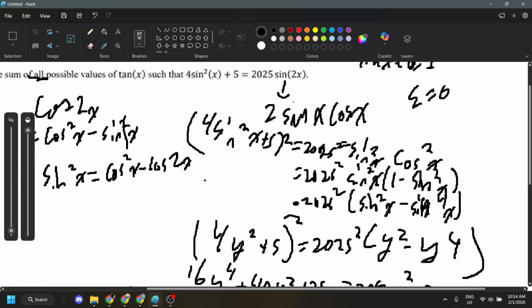Using double angle formulas, we get sine squared of x equals 450 sine, yeah, 2 sine x cosine x. Dividing every term by cosine squared yields something.